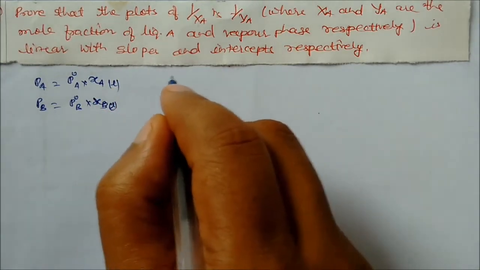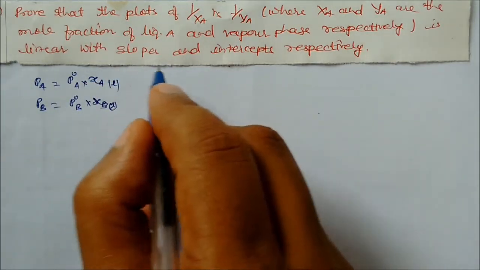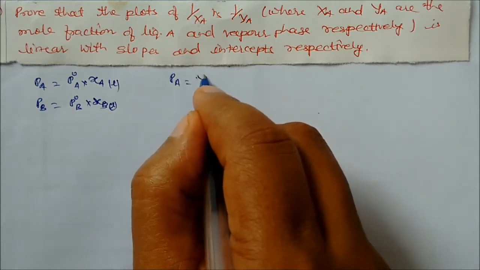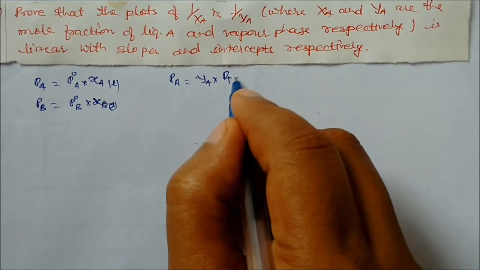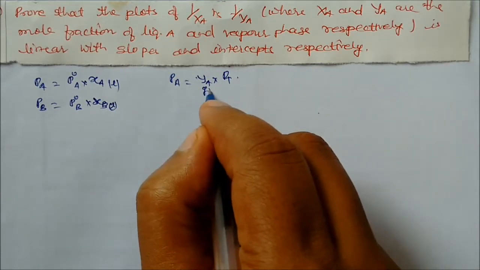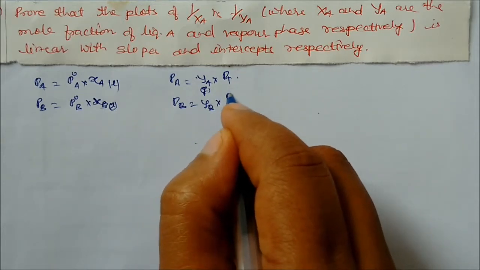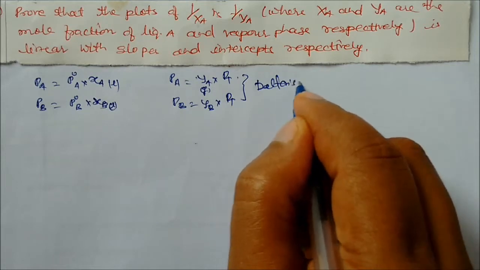In the vapor state, we can write here the partial pressure in the gaseous state. Similarly, partial pressure of B is YB into total pressure. So this is coming from Dalton's law, and this is Raoult's law. This we know very well. So these two laws are given.